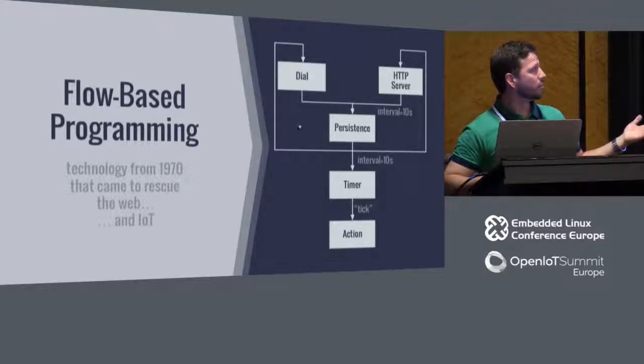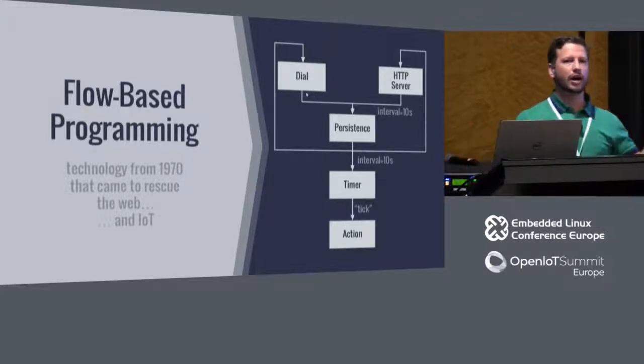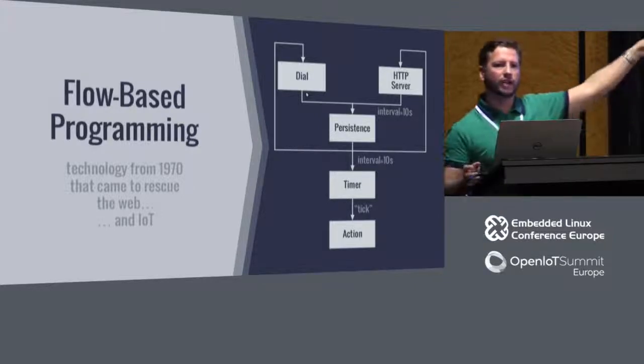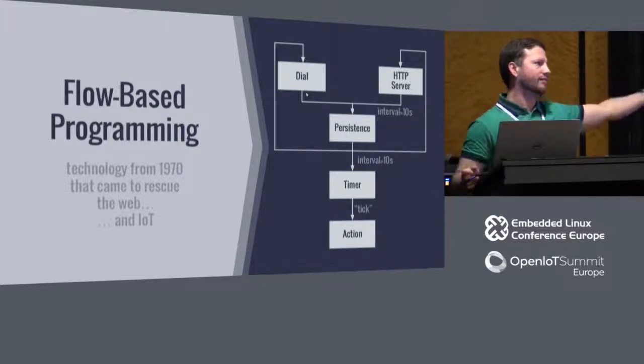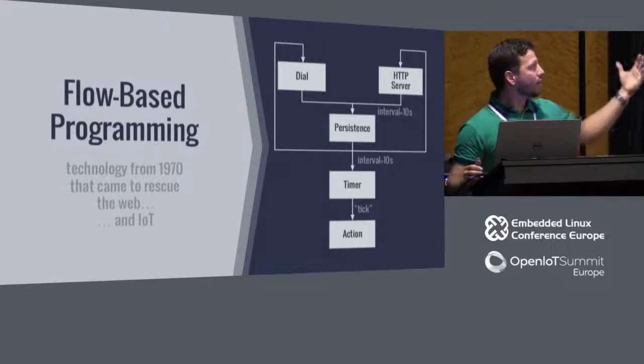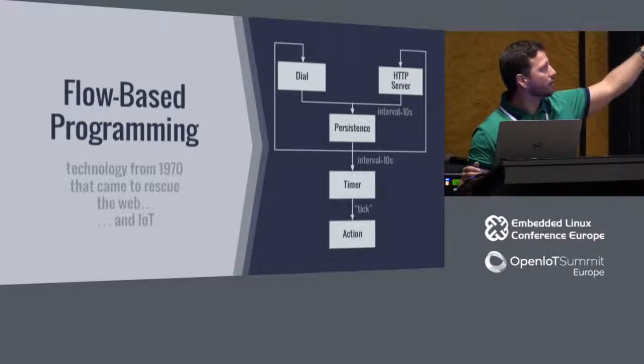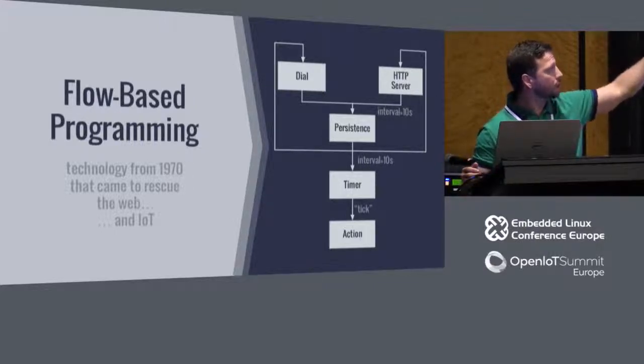In this example, I have an action that should be executed on a timely basis, that is configured either by a dialer, where you turn to 5, 10, whatever, or an HTTP server. So here, if you look, it's very easy to understand. If I have a dial input, the output will be persistence.